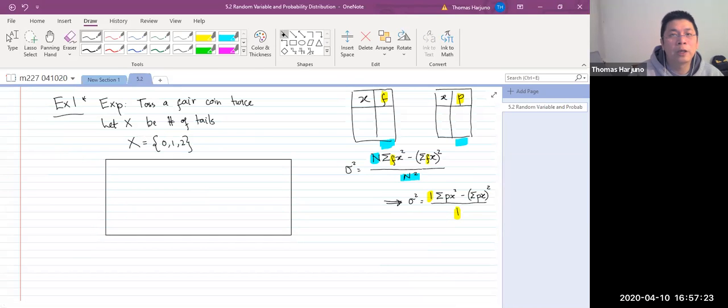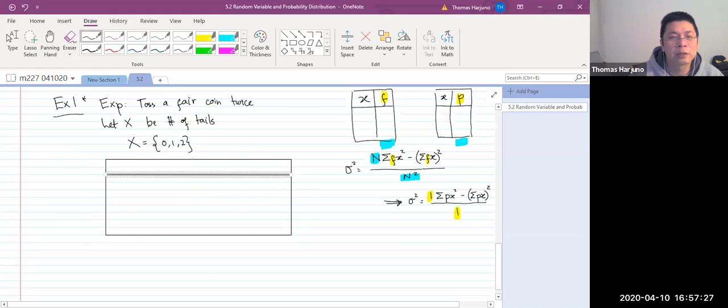We get the probability distribution to be, let's say this is x and p.